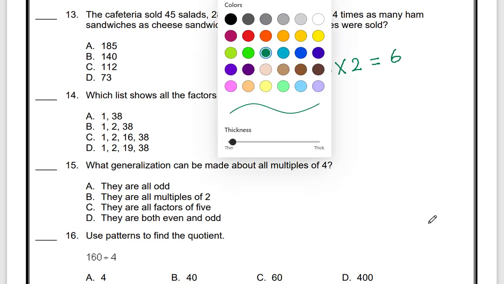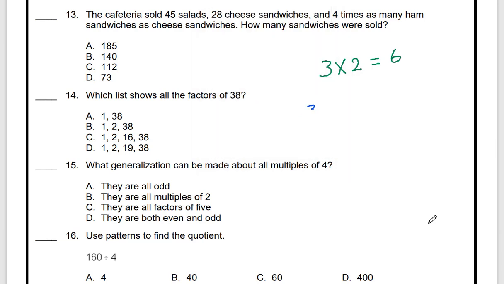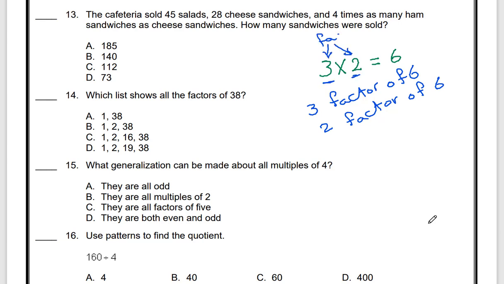And my heroes, for this one, I say that 3 is a factor of 6 and 2 also is a factor of 6. So 3 and 2, these two are factors. What about the 6?